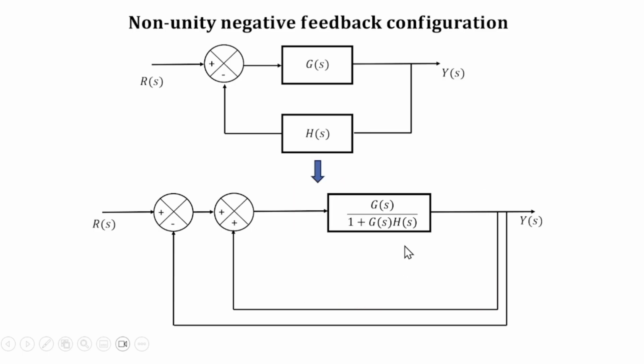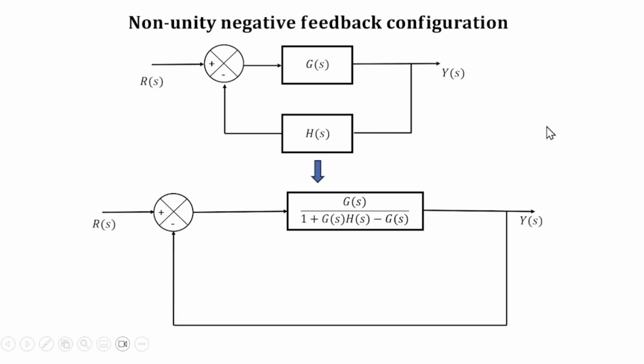Similarly, this is another feedback loop, a positive feedback, so this will get converted to a single block, which would be G by 1 plus GH divided by 1 minus, because it is a positive feedback, G by 1 plus GH, and this will come out to be equal to G by 1 plus GH minus G. So this is how you can convert any non-unity negative feedback configuration to a unity feedback configuration.